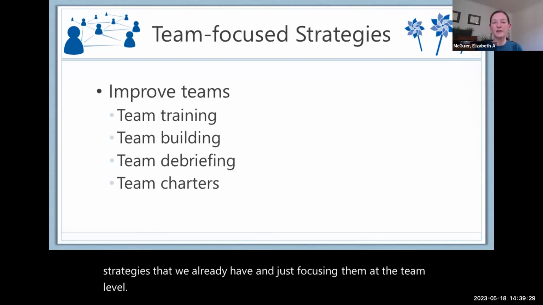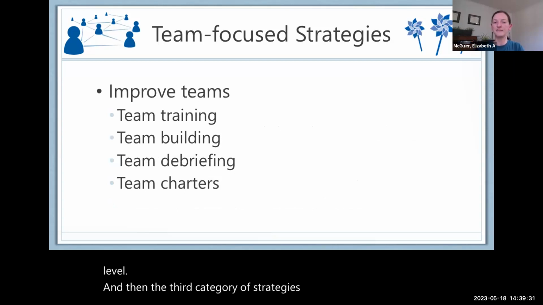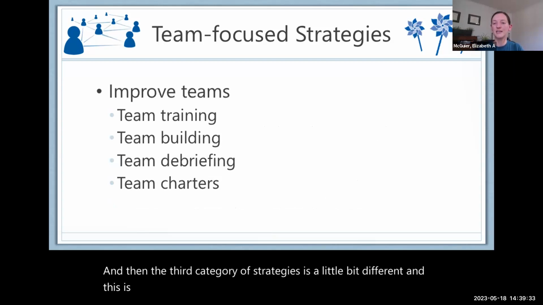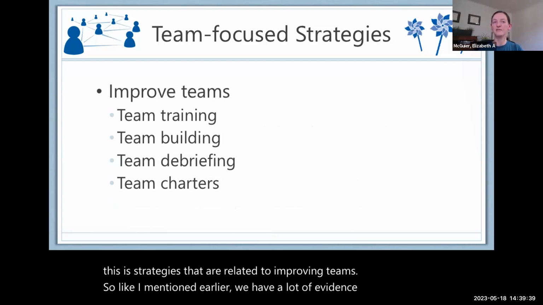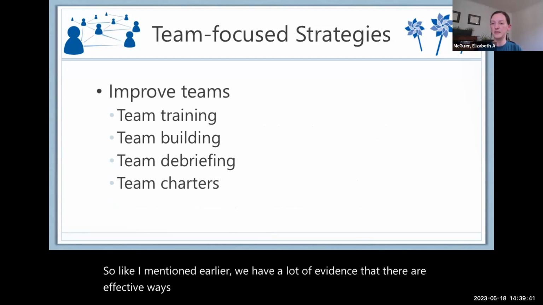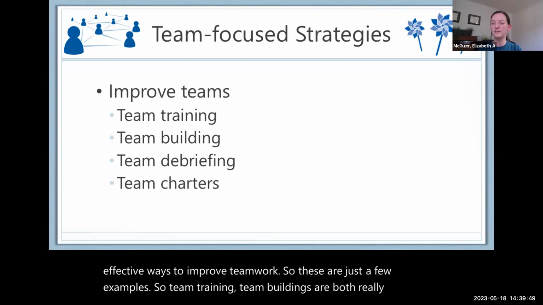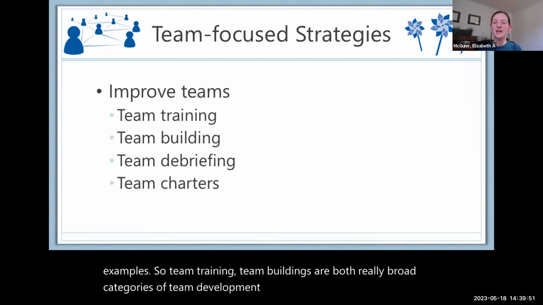And then the third category of strategies is a little bit different, and this is strategies related to improving teams. Like I mentioned earlier, we have a lot of evidence that there are effective ways to improve teamwork. These are just a few examples. Team training and team building are both really broad categories of team development interventions.